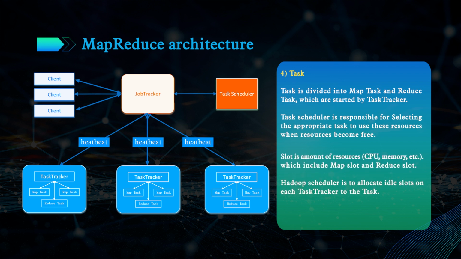A slot is an amount of resources, including CPU, memory, etc., which include map slots and reduce slots. The Hadoop scheduler allocates idle slots on each task tracker to the tasks.